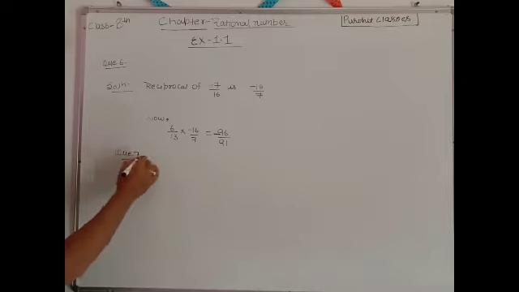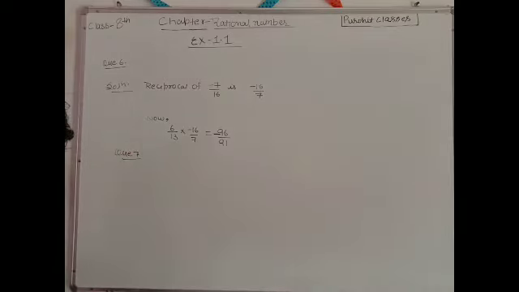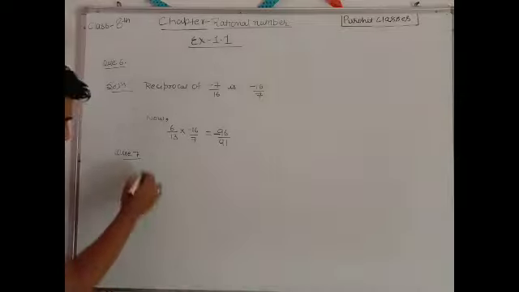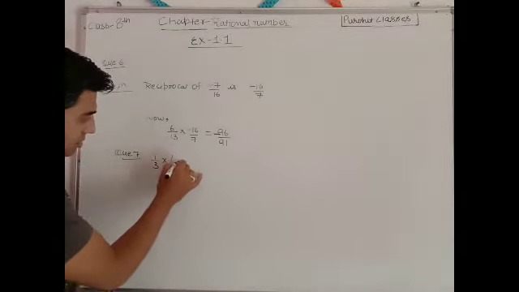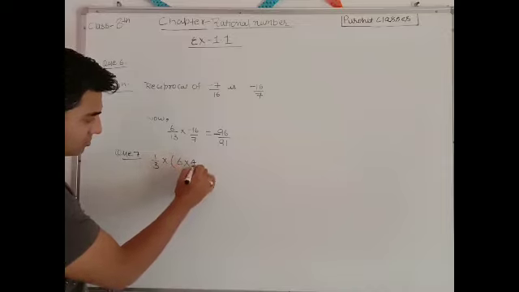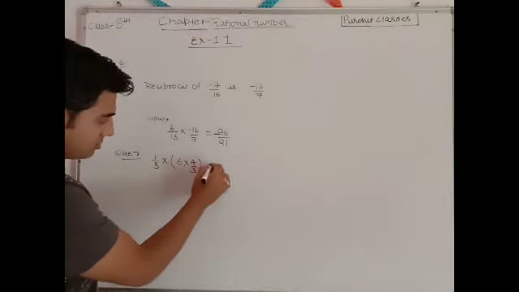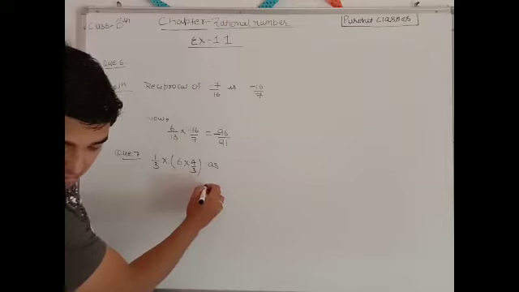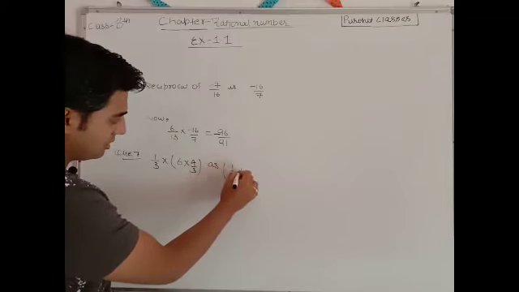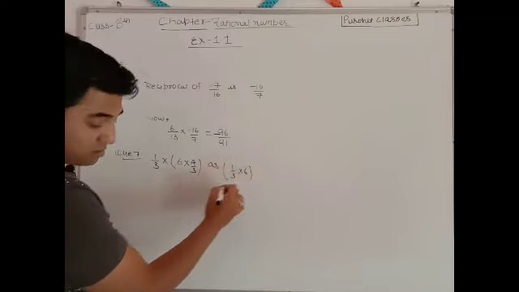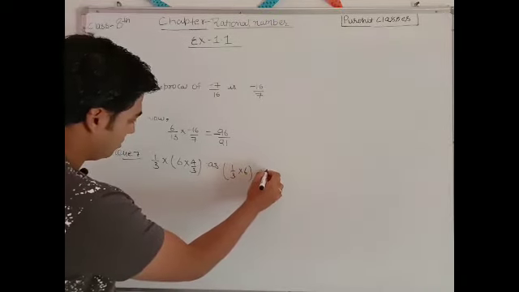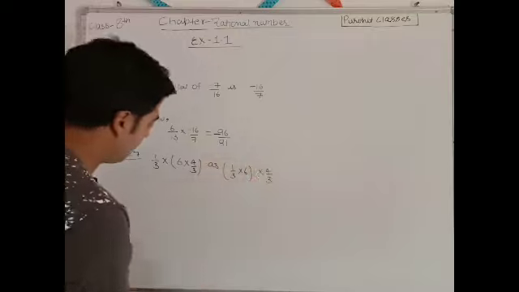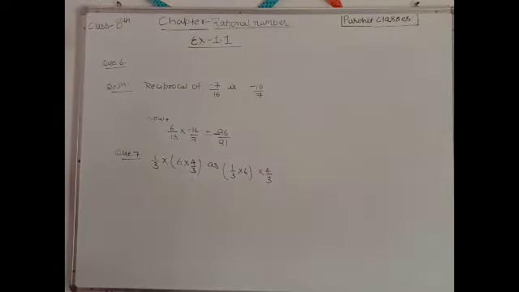Now see question number 7. What does it say? It says tell what property allows you to compute 1 upon 3 times, bracket 6 times 4 by 3, as 1 upon 3 times 6, and then 4 upon 3. Let's see what the property is.